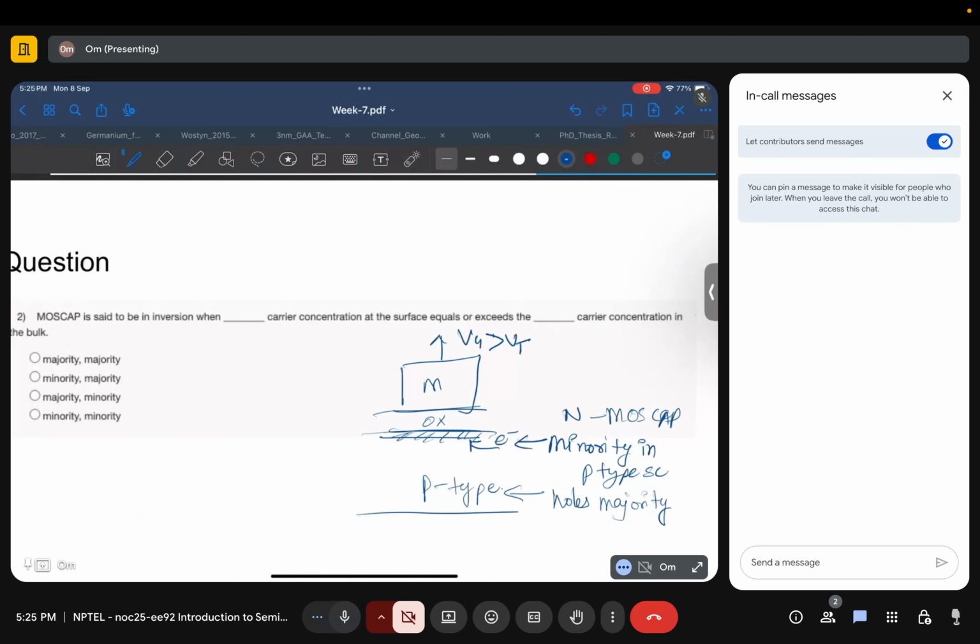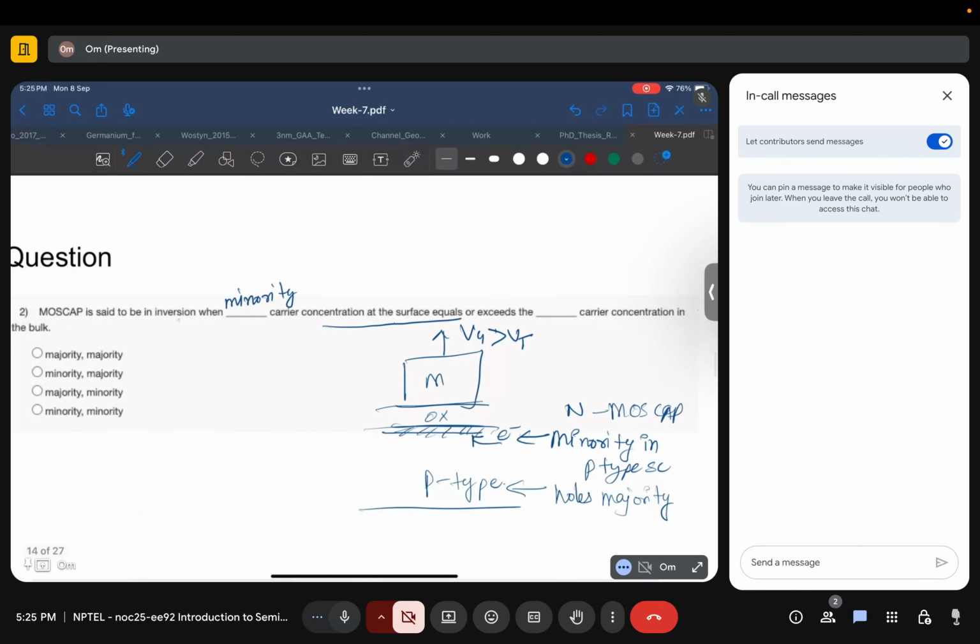So, MOS is said to be in inversion when minority carrier concentration at the surface equals or exceeds the majority carrier concentration in the bulk. Okay, so the answer would be option B.